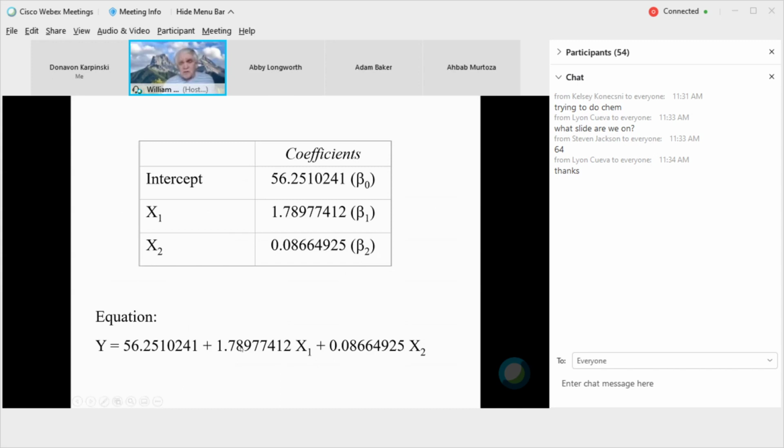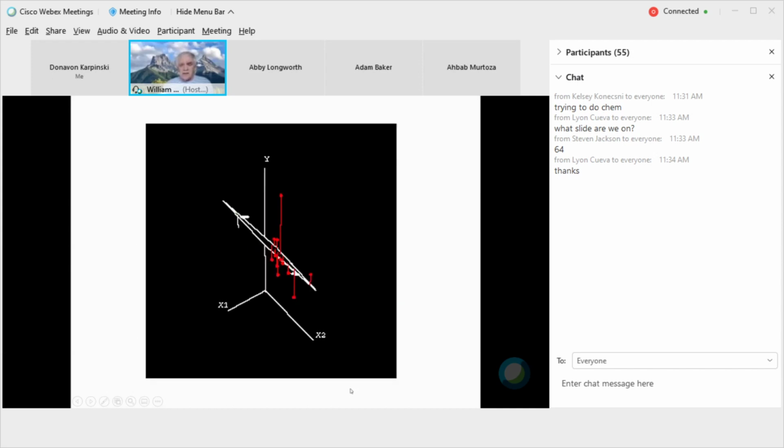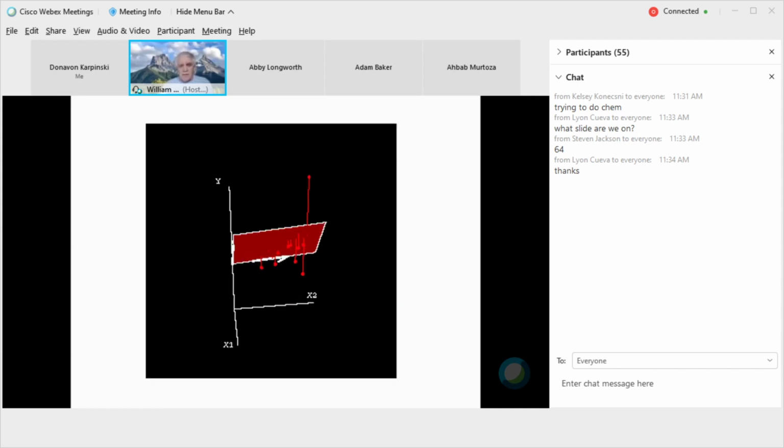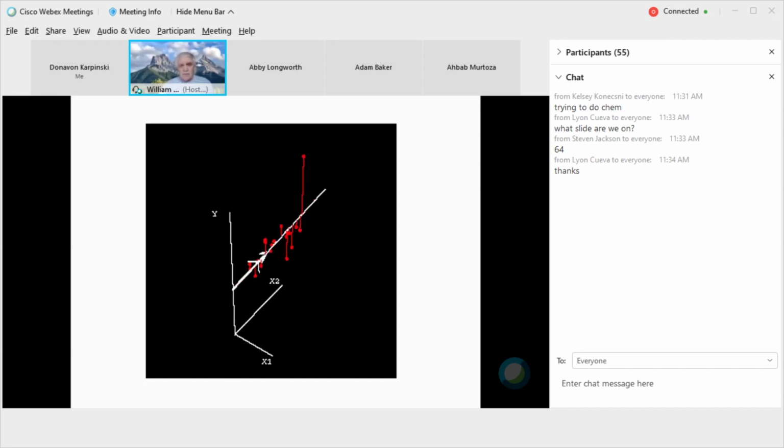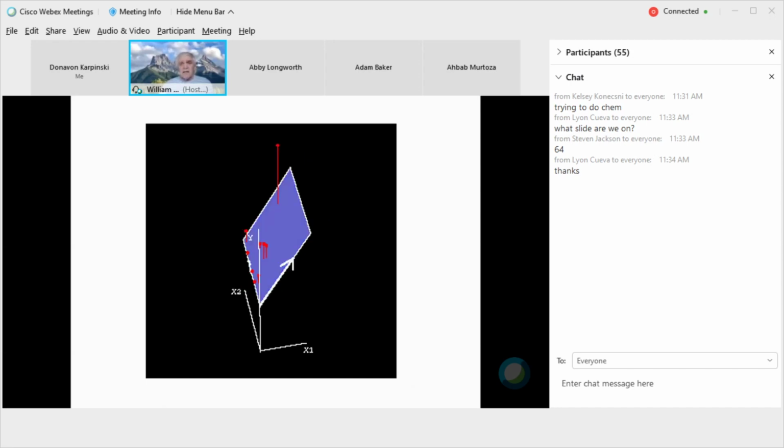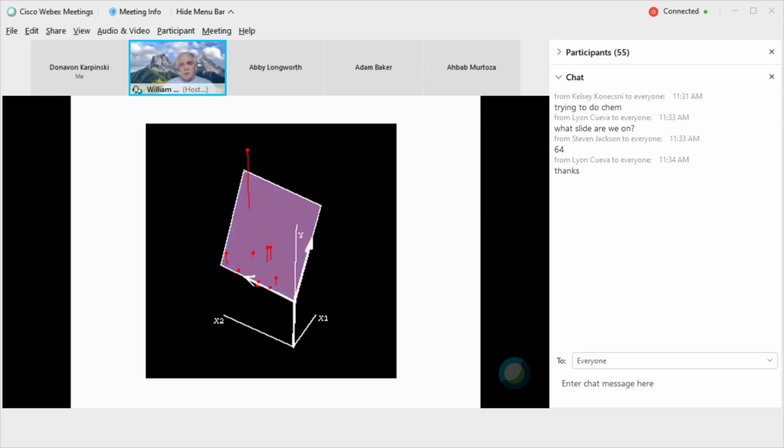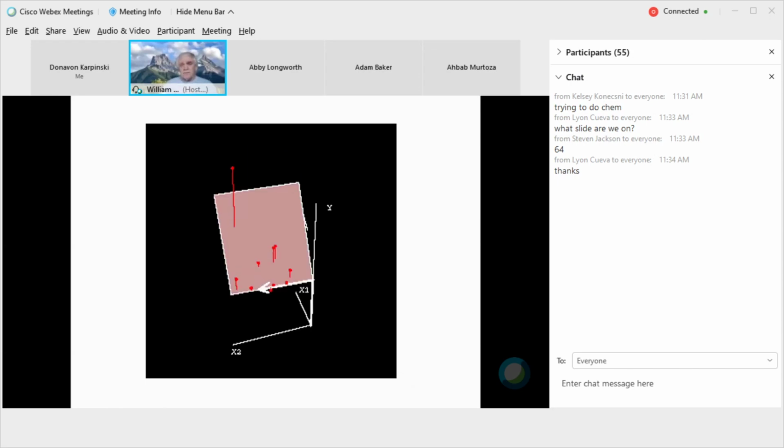The coefficient of X1 is how much Y increases per unit increase in X1. The coefficient of X2 is the amount that Y increases per unit increase in X2. There's actually a three-dimensional plot of the data. There is the fitted linear model. I'm basically fitting a plane through that scatter plot.